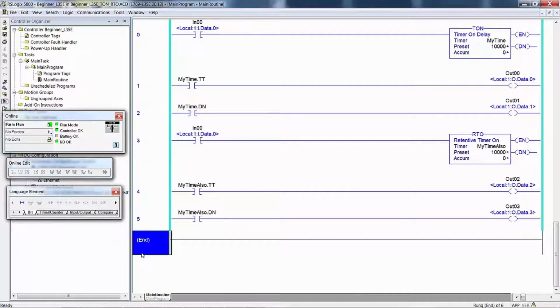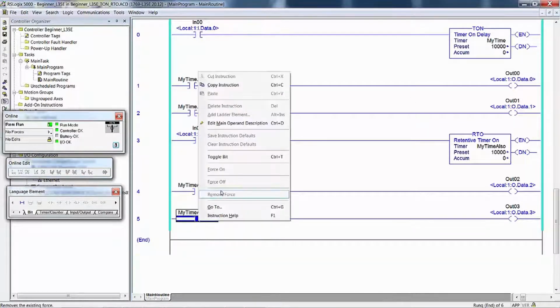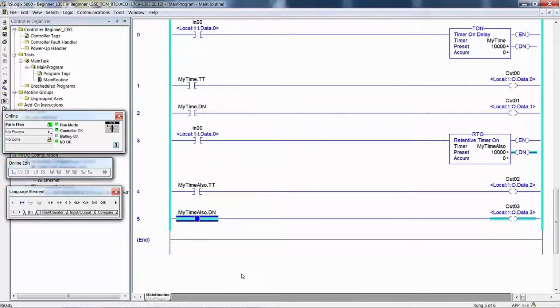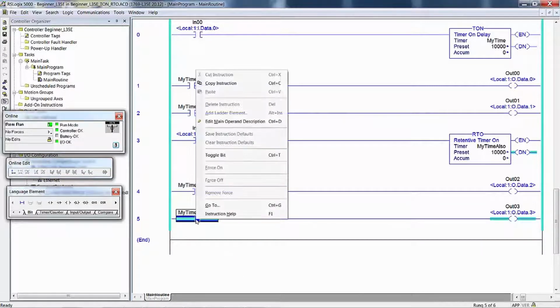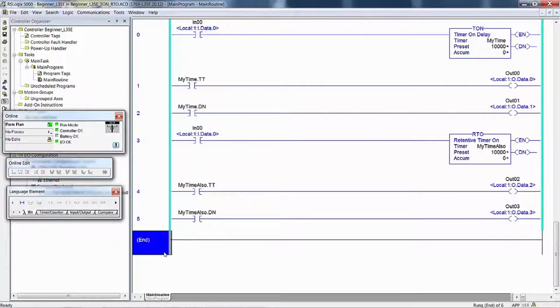If for some reason you ended up with this on, like that, well then clear it and start over. Start back right here. So we're going to turn it on, and what you're going to do is watch the accumulate values in both timer data types and the timer timing and done bits. And this is 10 seconds, so you've got plenty of time to watch.